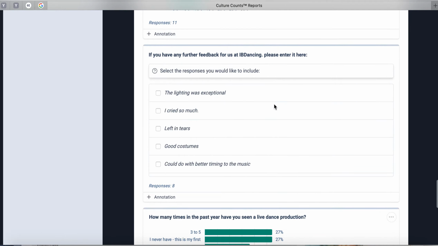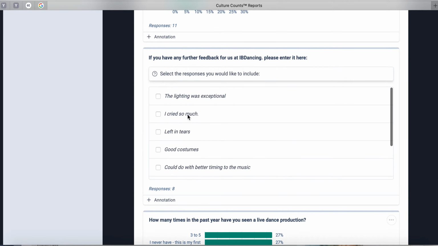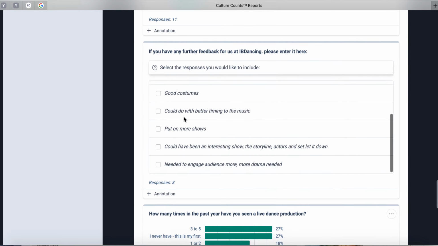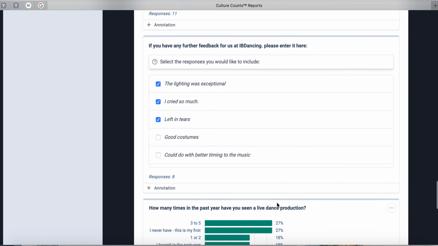Now this here would have been from a free text question, and you have the opportunity to include some of the responses if you like. Therefore, for instance, I might choose to use, say, the top 3. Those are 3 I want to include.